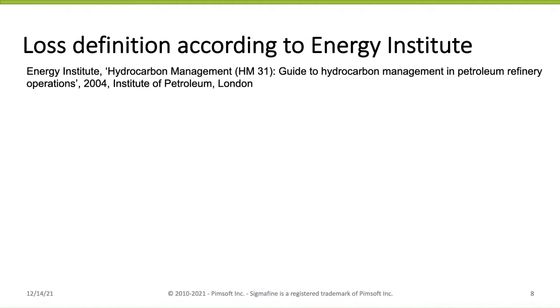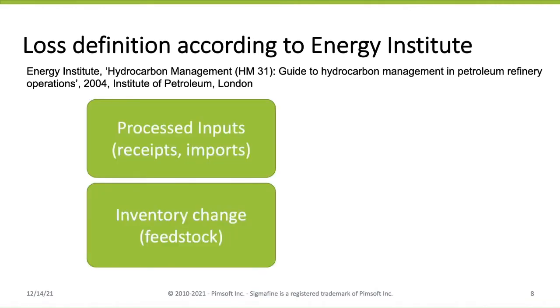But now let's understand better what we mean by loss. In this presentation, we will use the approach and the definition given by the Energy Institute, and more specifically by the HM31 guidelines. If we analyze a facility, on one side, we have the inputs, which we can describe as processed inputs, such as receipts and imports of materials, and inventory changes in the feedstocks.